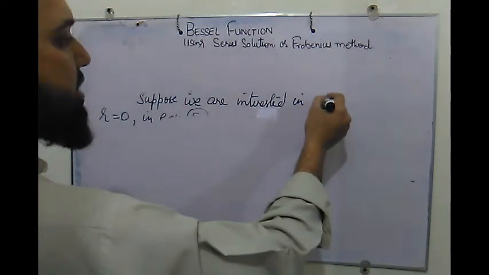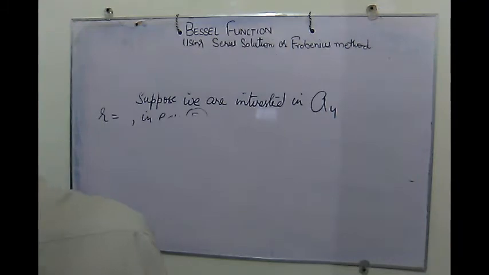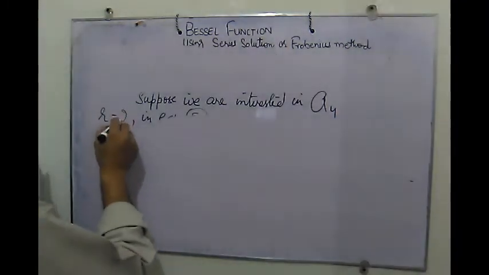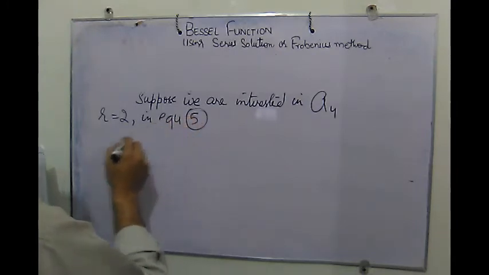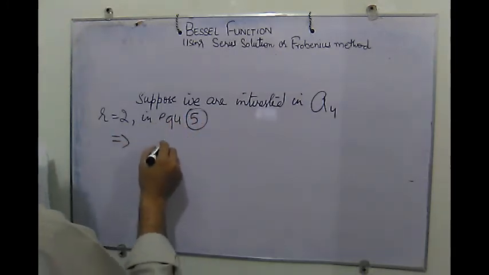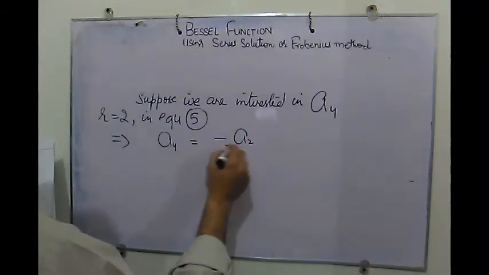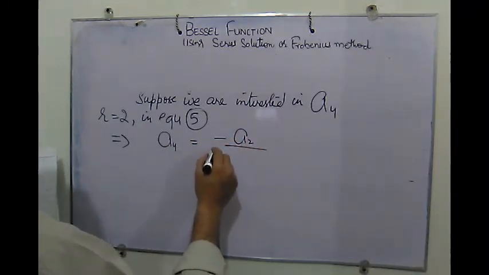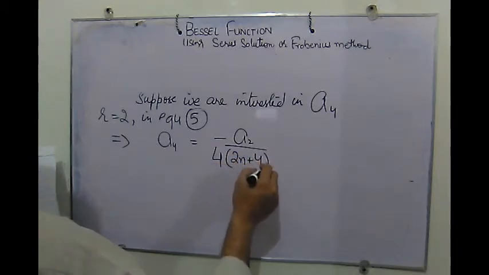Now we are interested in a4, so we put r is equal to 2 in equation 5, and we will get a4 as minus a2 upon 4 into (2n plus 4).